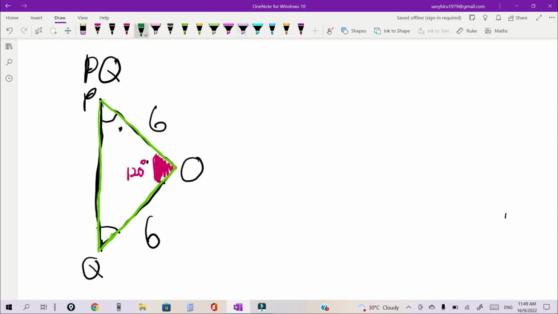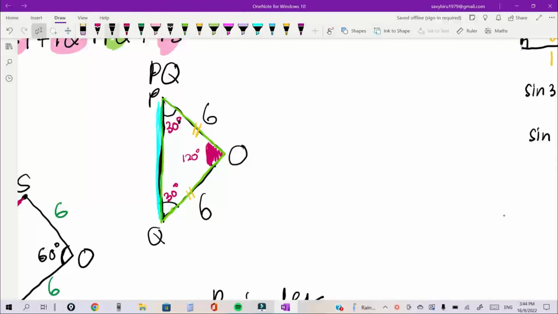If you want to use the sine rule, you can take length of PQ over sine 120. This one can cross multiply. Why? Because this one is 6 cm, this one is 6 cm, so now you have an isosceles triangle, meaning that here the angle is 30 degrees, here is 30 degrees. So let's use the sine rule.